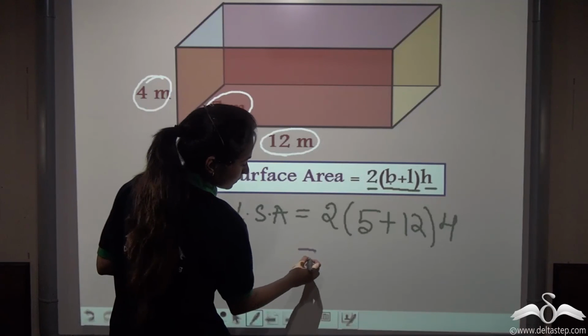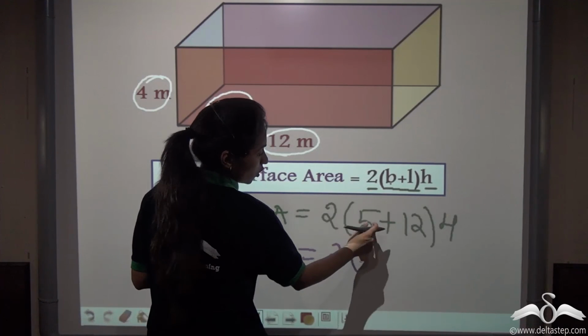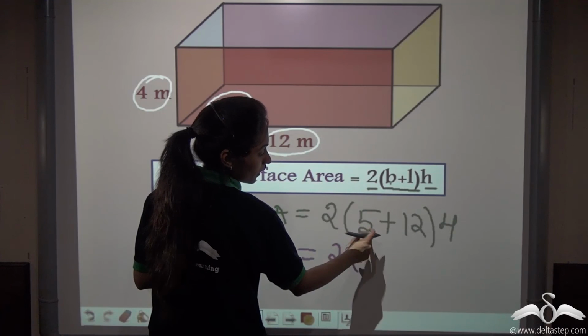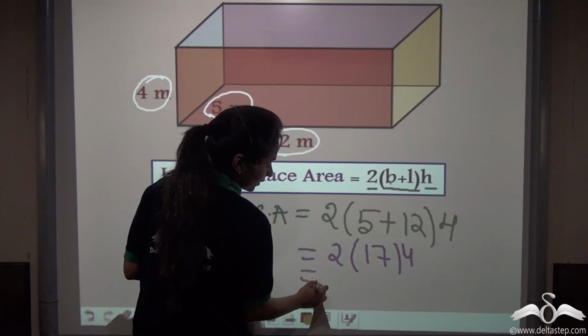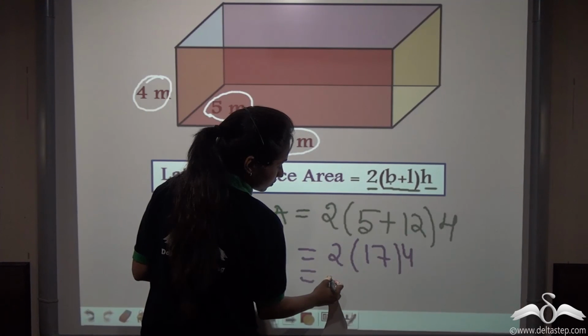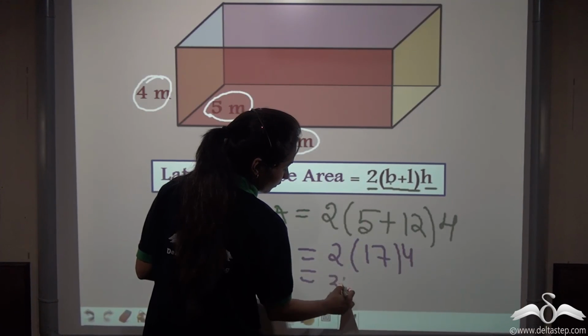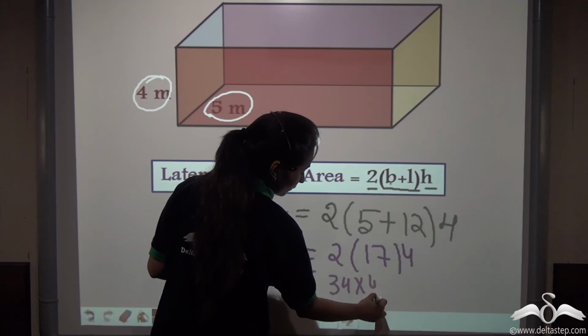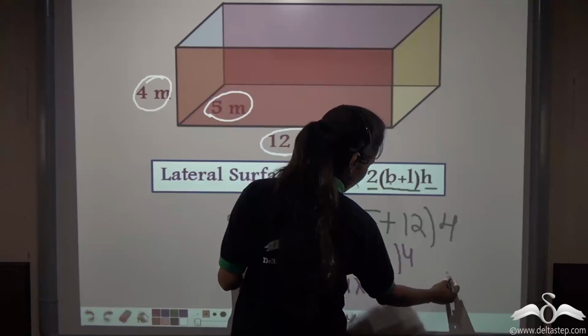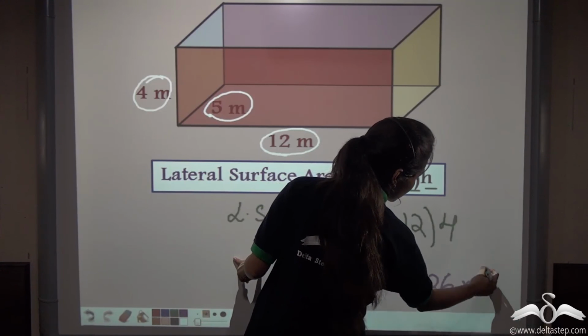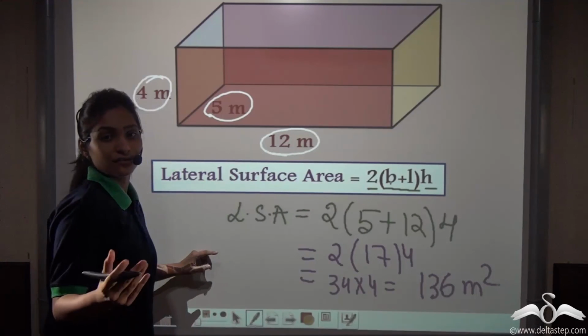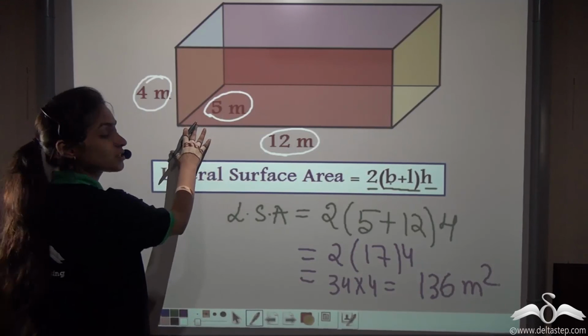Now let's solve this. 2 into 12 plus 5 is 17 into 4. Or we get this as 8 into 17, which gives us 136 meter square. So we have successfully found out the lateral surface area of this cuboid.